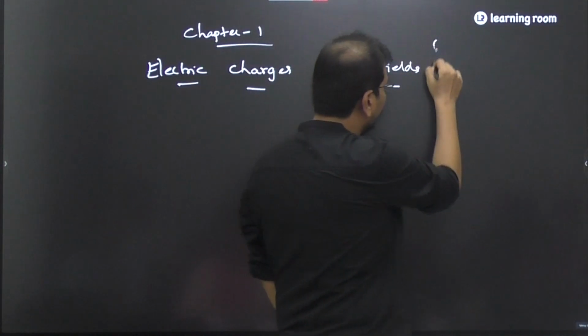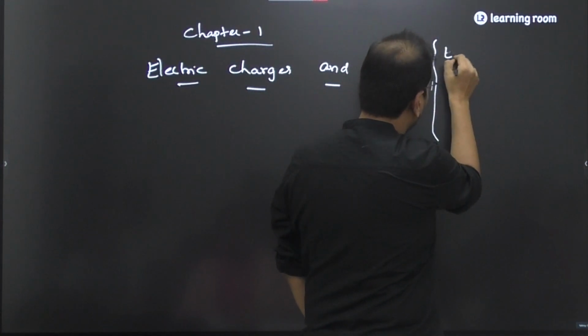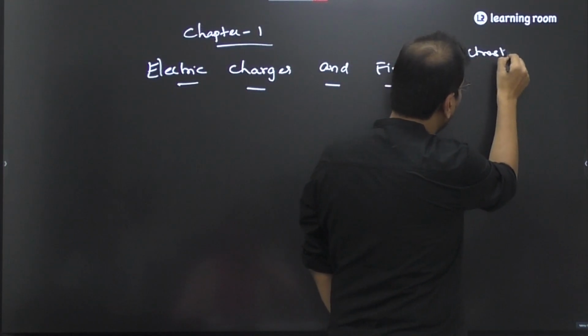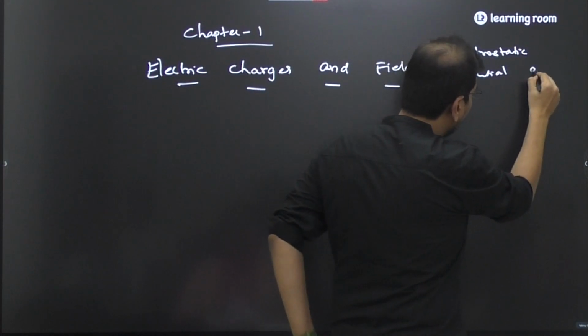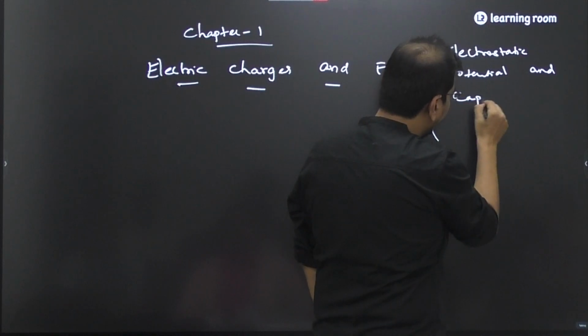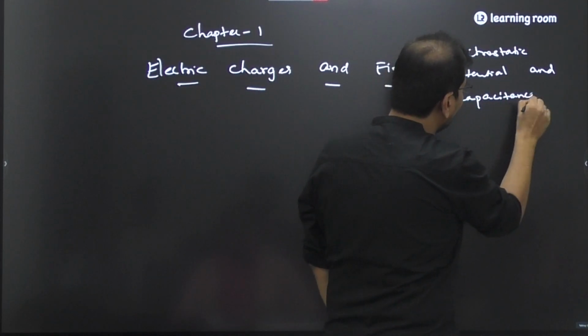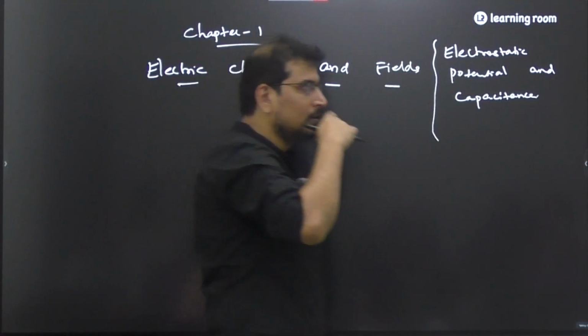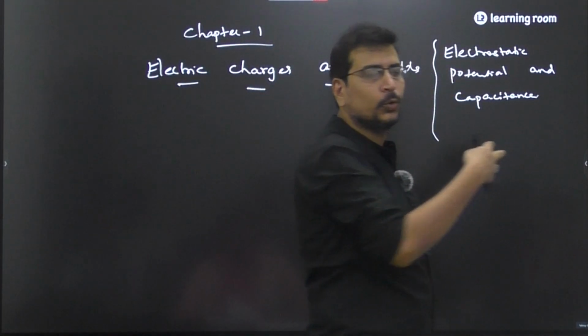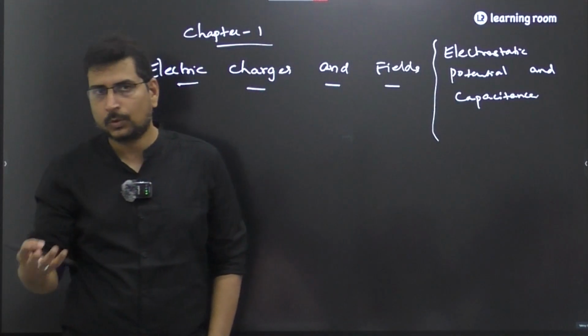See, as I told you, this is the first chapter's name. The second chapter's name is electrostatic potential and capacitance. Okay, this capacitance is something which can be understood like how you understood resistance. You know what is resistance, right?